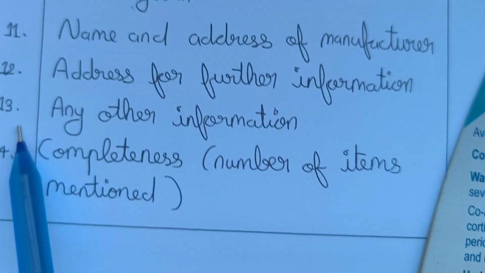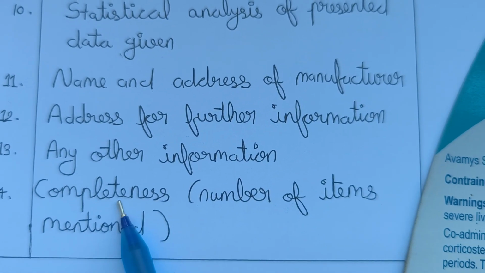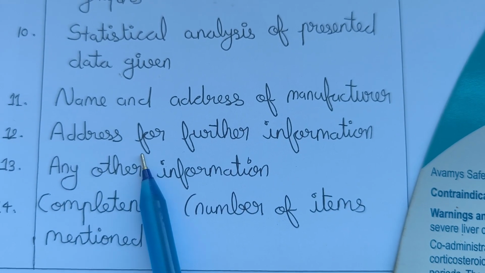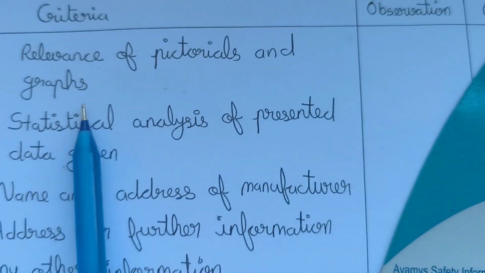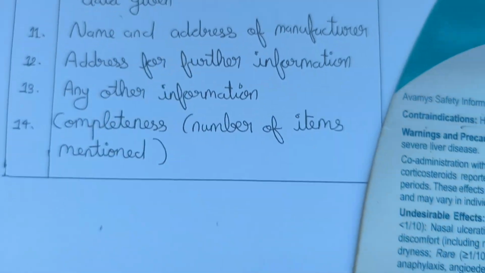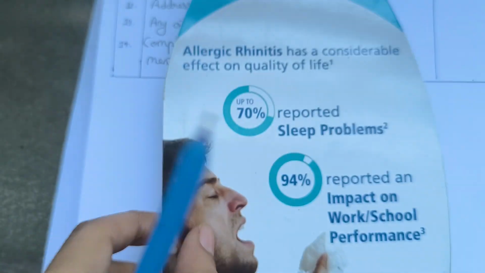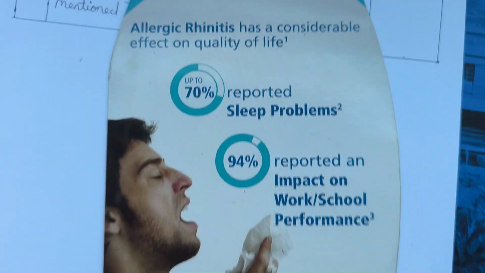Then address for further information, any other information, and completeness. These are generally not mentioned. In completeness, we have to conclude how many of the above mentioned criteria are fulfilled by the drug. So this is how this pamphlet is.